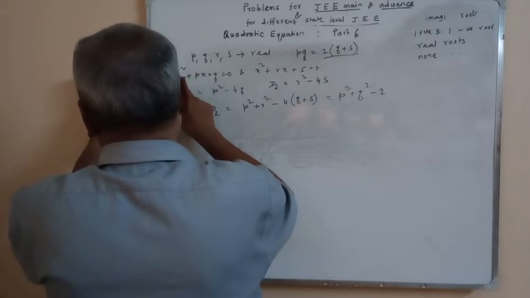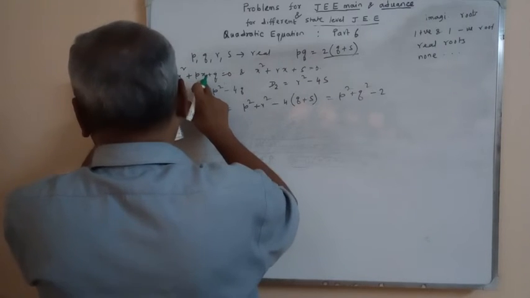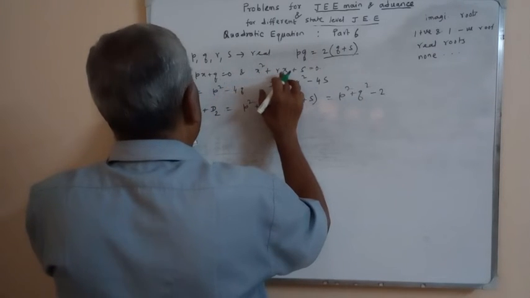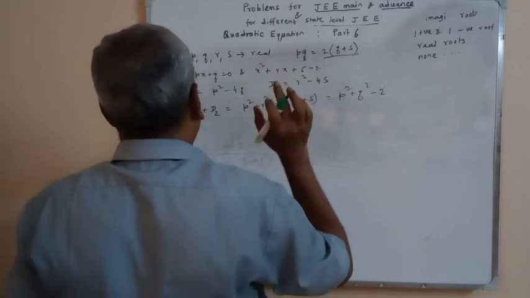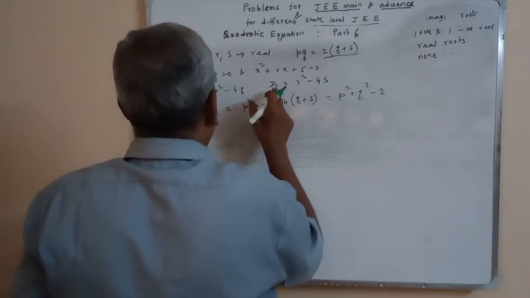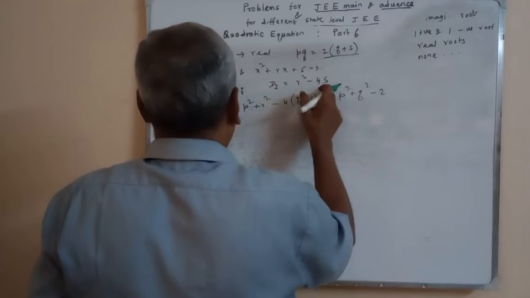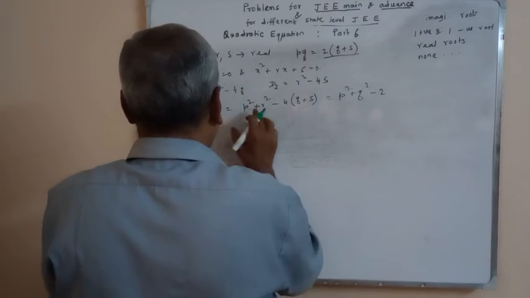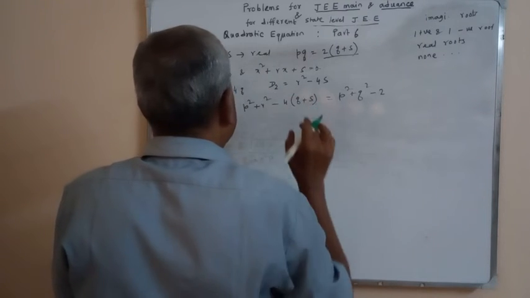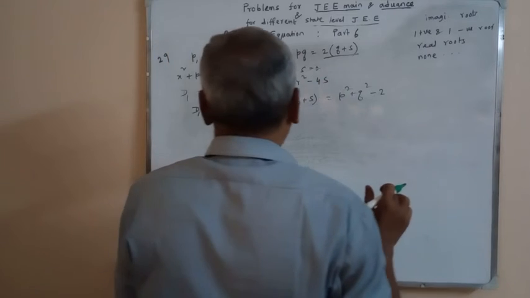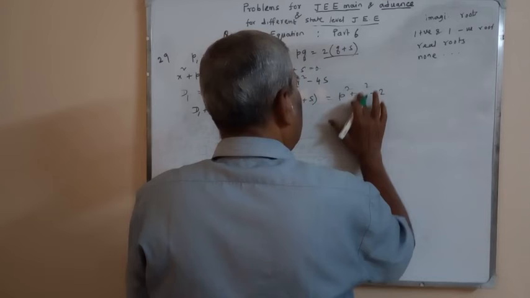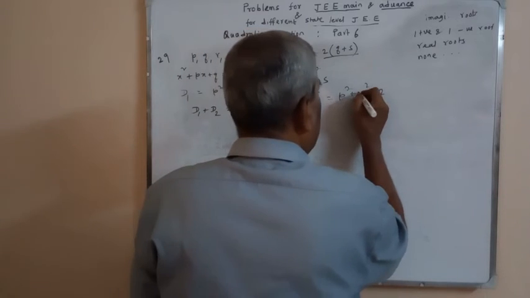Once again I read the problem. x square plus px plus q is equal to 0, and x square plus rx plus s is equal to 0. D1 is equal to p square minus 4q, D2 is equal to r square minus 4s.